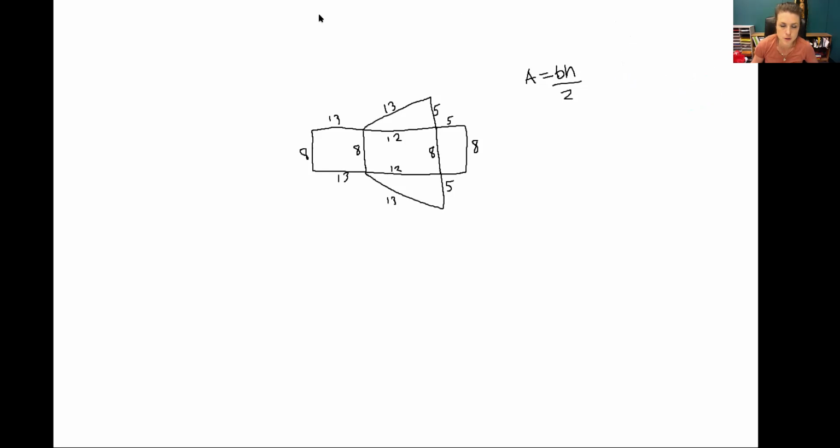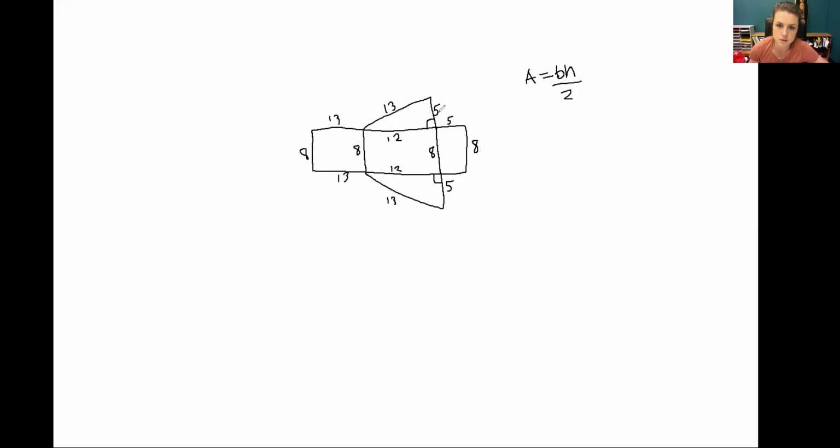Okay, so the height, and this is really good to note because this could be super easy to mess up. So when you look at this triangle, remember to note where the right angles are, okay? Because the height of the triangle is actually 12, not 13, because 12 is perpendicular to this base of 5.